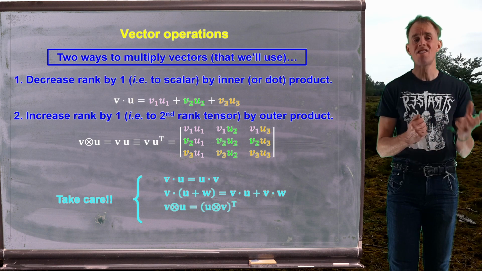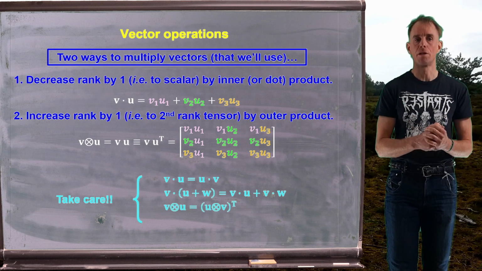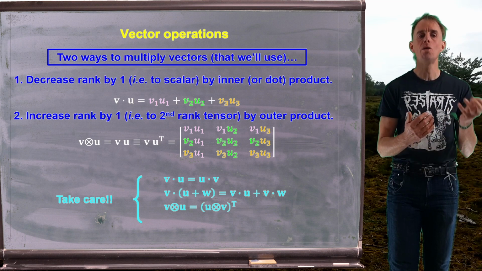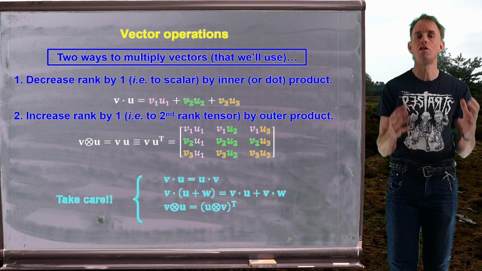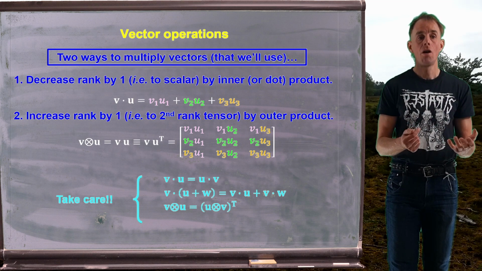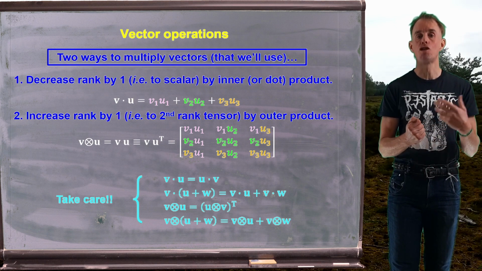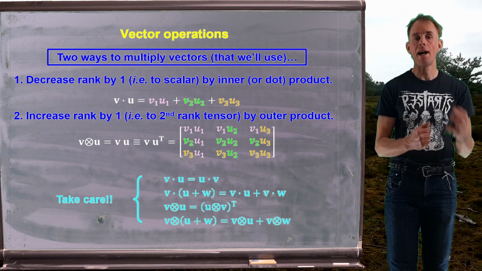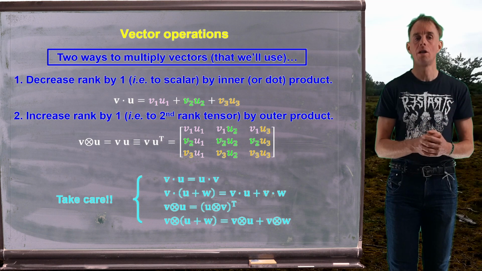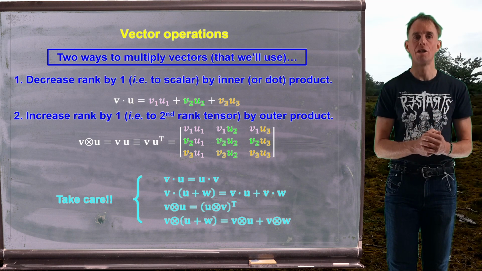And we have essentially the same thing going with the outer product. So with the outer product, v outer product u is the same as writing u outer product v, but then transposing the whole lot, turning rows into columns and columns into rows. Also, if we think of the outer product in a distributive manner, v outer product (u plus w) is simply v outer product u plus v outer product w.